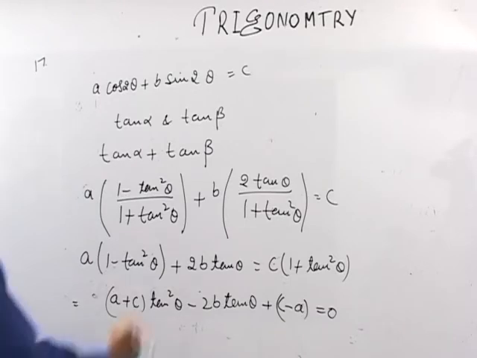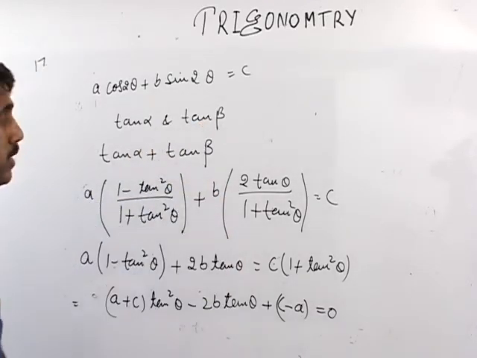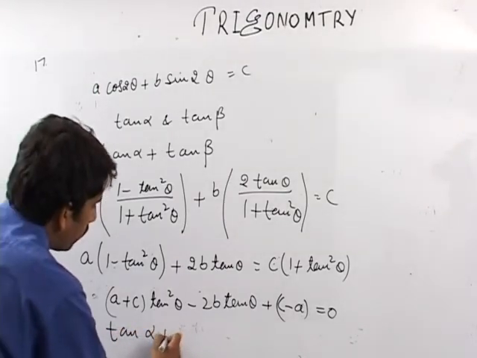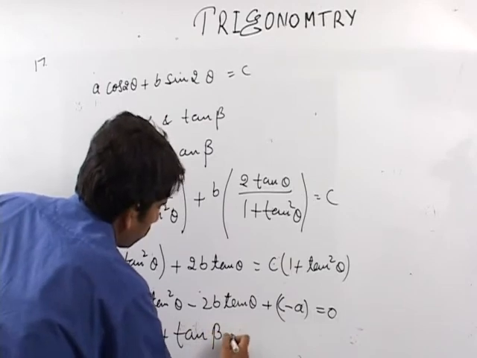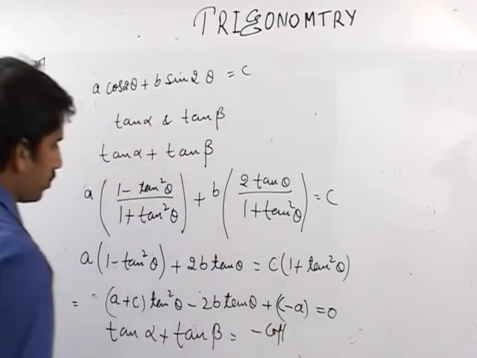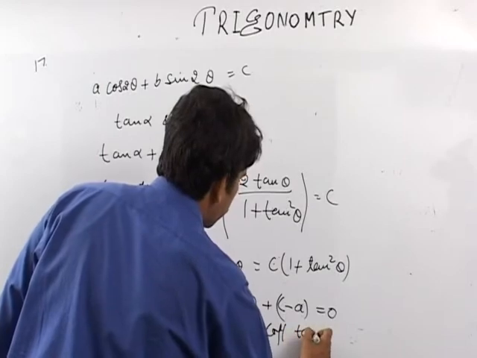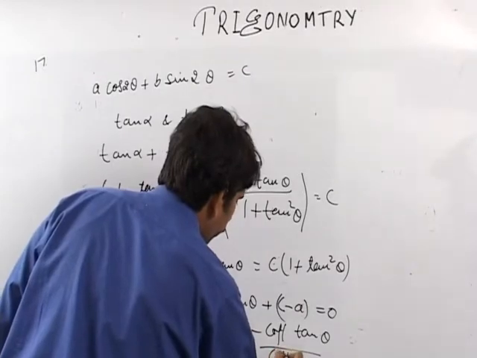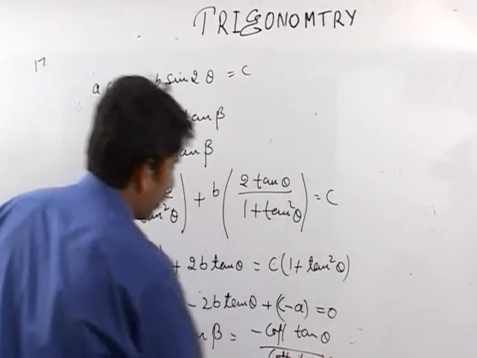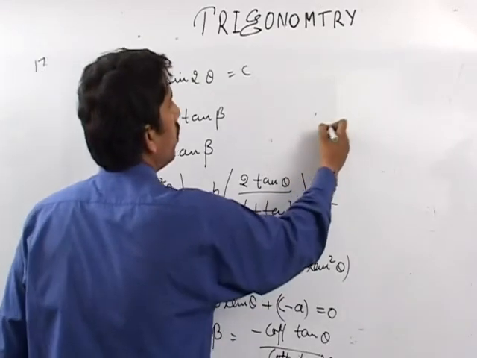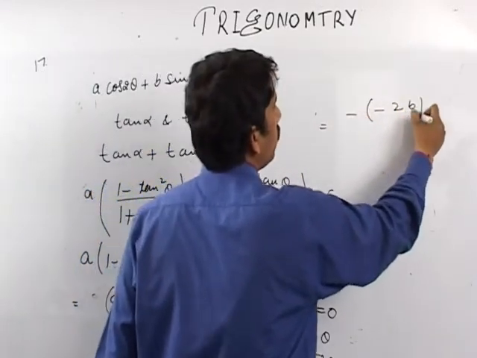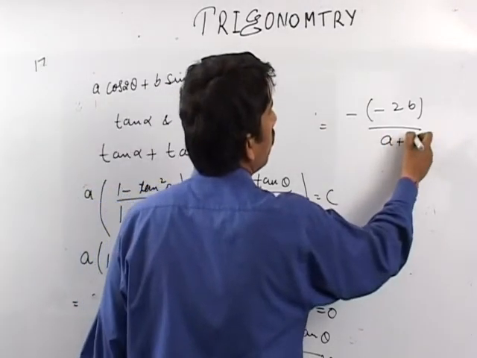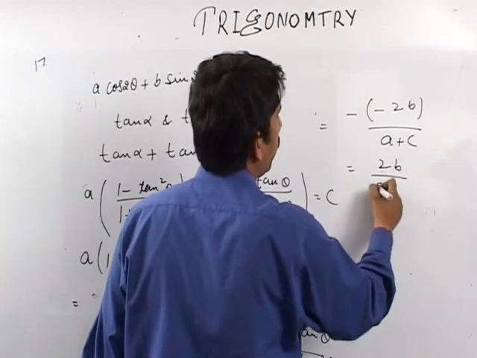Now since tan alpha and tan beta are its roots, therefore the sum of the roots, tan alpha plus tan beta, will be given by minus coefficient of tan theta over coefficient of tan square theta, which will be equal to minus of minus 2b over a plus c, which is 2b over a plus c.